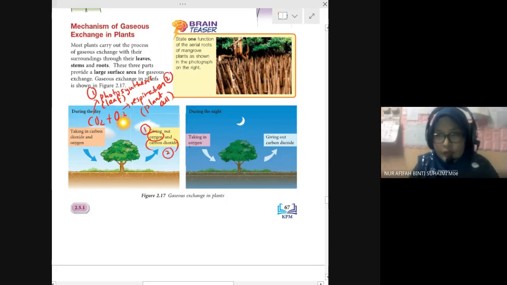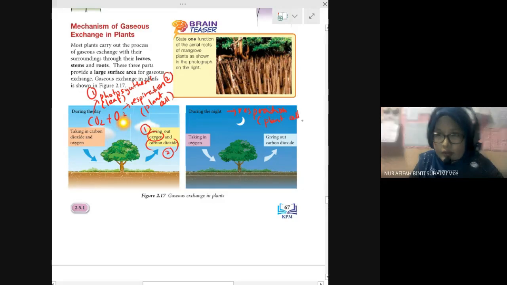During the night only respiration occurs, so gases exchange only occurs in respiration, taking in oxygen and giving out carbon dioxide. This is in the plant cell.